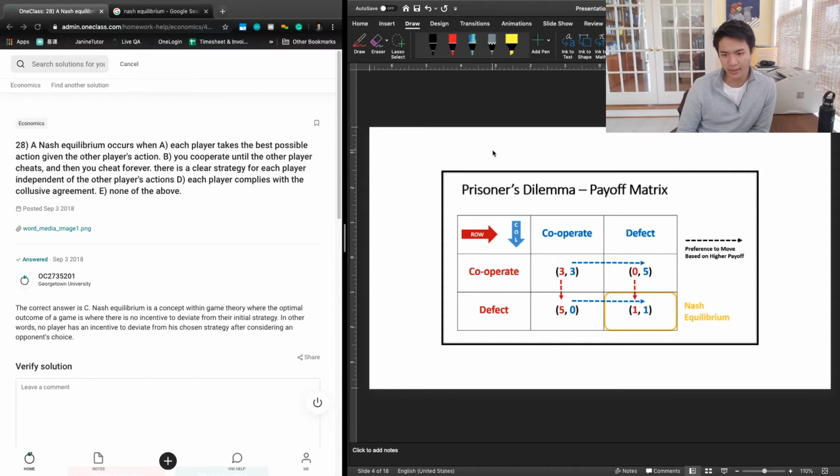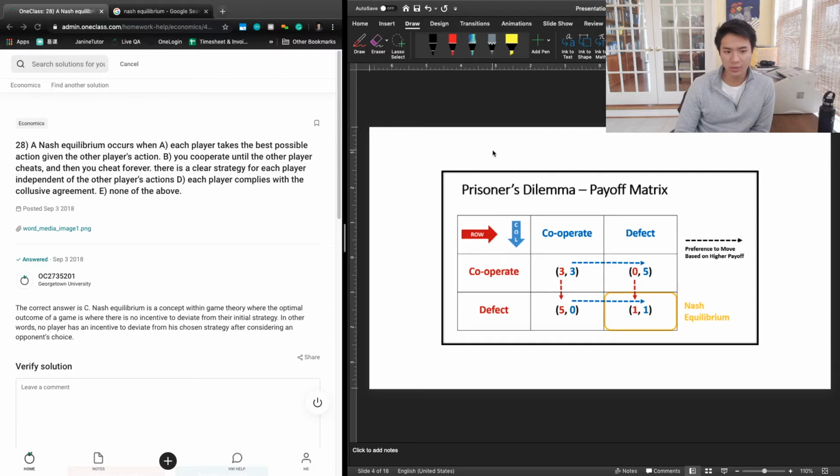Or you can defect, and what defect means is that you basically refuse to say anything, you don't cooperate with the police, and you hope that your friend did not cooperate with the police. And so the question here is your outcome is going to depend on what your partner also decides to do.